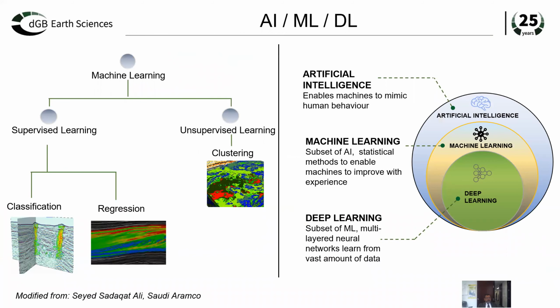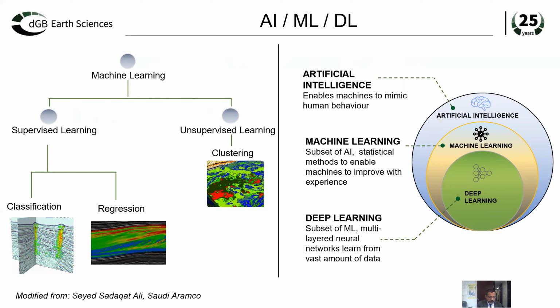So let me introduce what machine learning is. Machine learning is a part of the bigger capsule of artificial intelligence, which goes back to the 1940s and 50s, as computers started. Computers were meant to process what human minds were processing by hand.